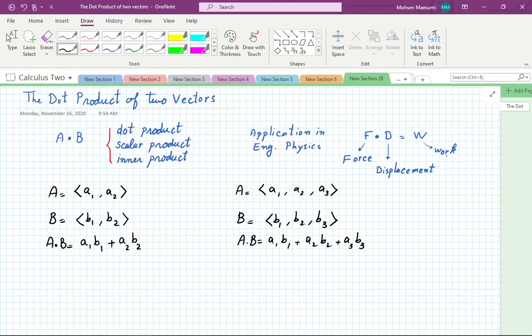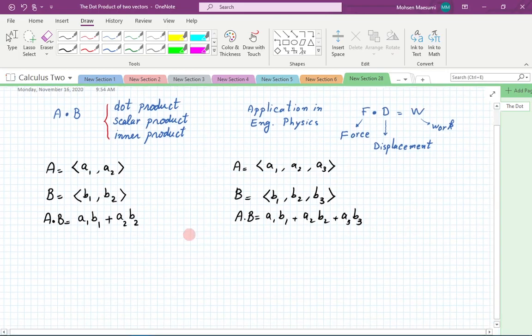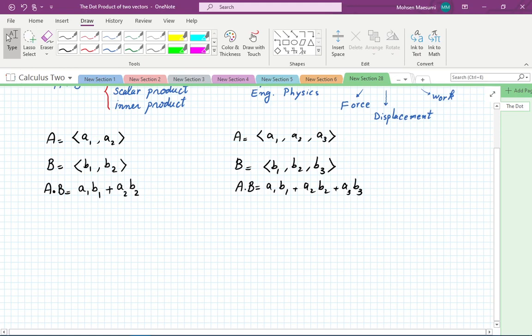Okay, we have defined a new operation. We are going to go ahead and make a list of properties it has. It's quite easy to show the properties of the dot product. First of all, it is symmetric. Who you write first and who you write second does not make a difference in the result.